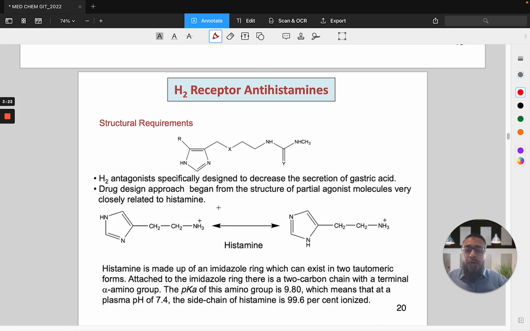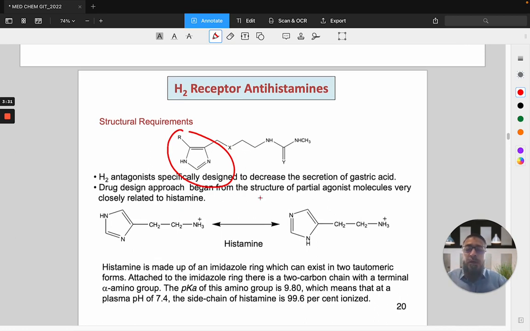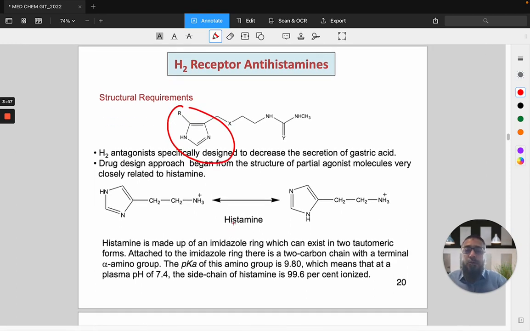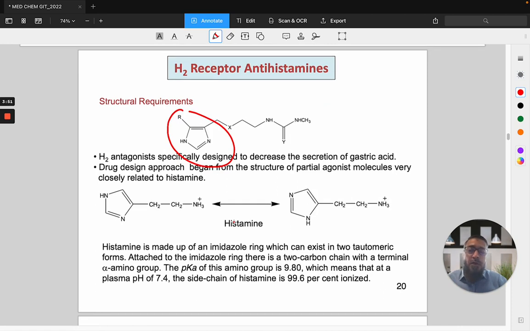So the basic feature of the H2 receptor antihistamines is that the molecule has the basic skeleton of histamine, with different substitutions. Generally the drug approach to bind with the histamine receptor and block the function starts from the molecule of histamine, because histamine has the ability to bind with the histamine receptor and of course stimulates the function.